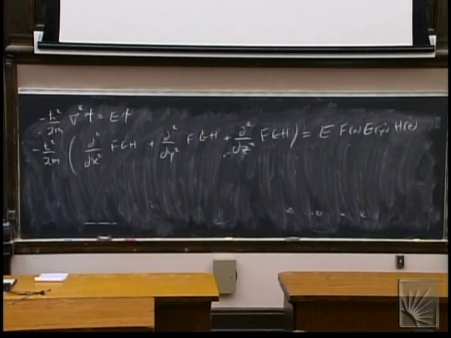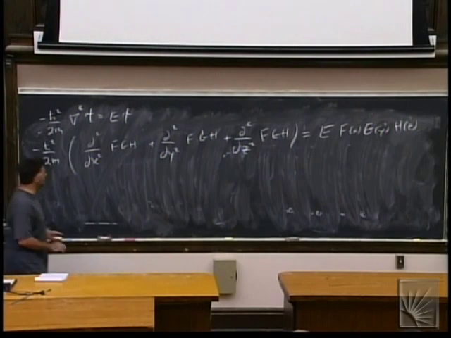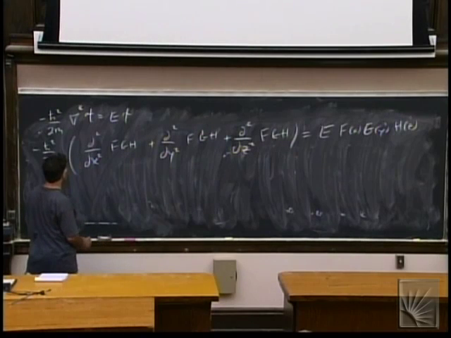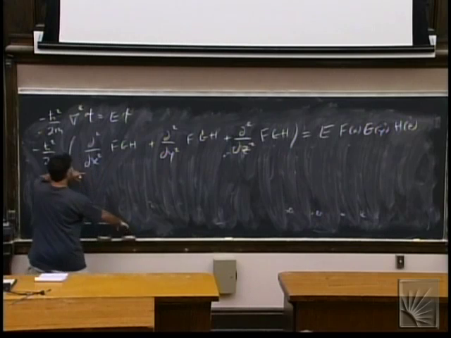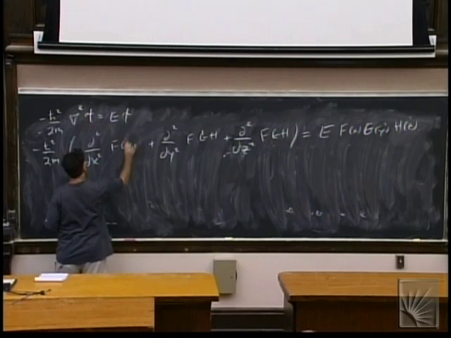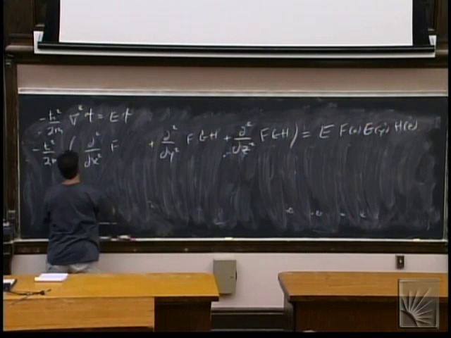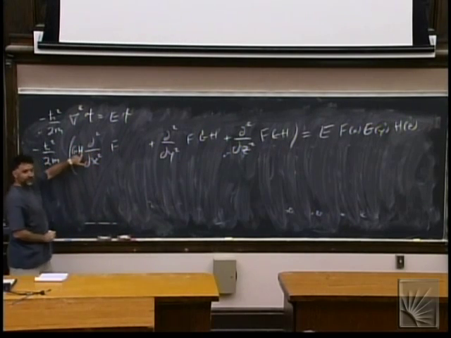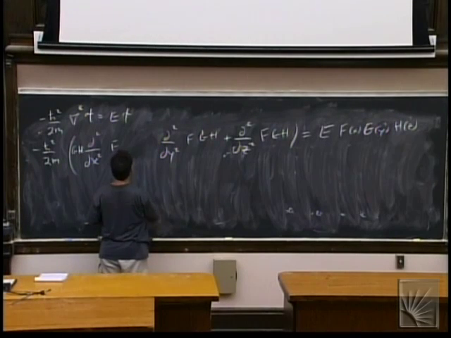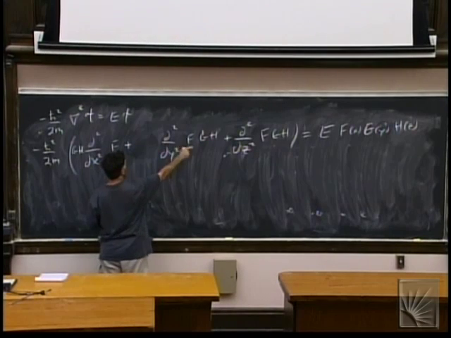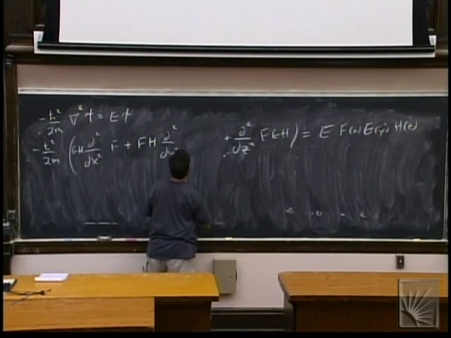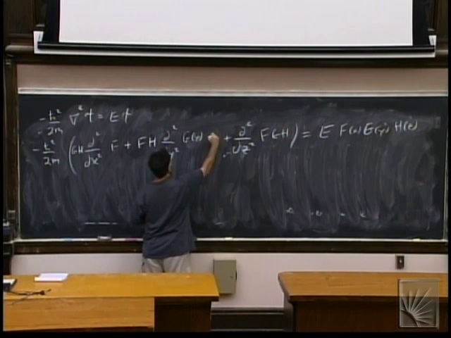Then what you want to do is the usual trick. This is a function of x, but g and h are not. So I can take g and h and slide them through the derivative. And here, I can take out f and h and slide them through the derivative, and that's just g of y.